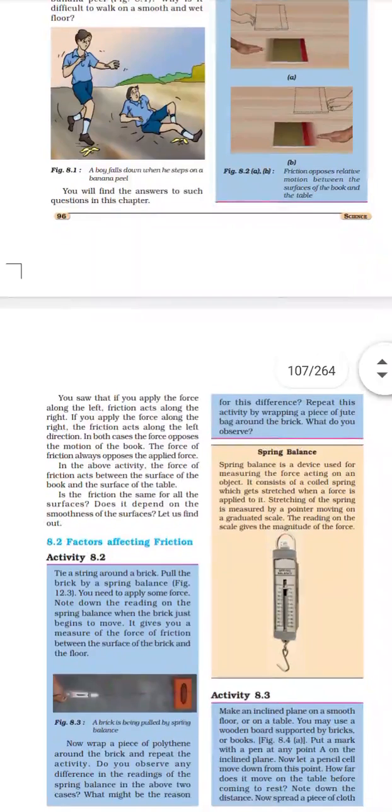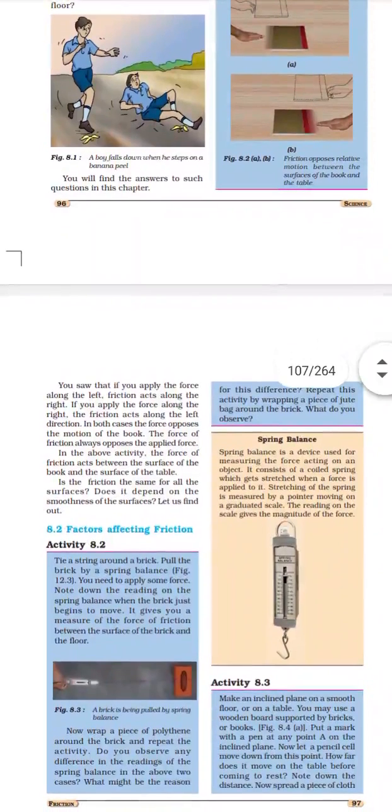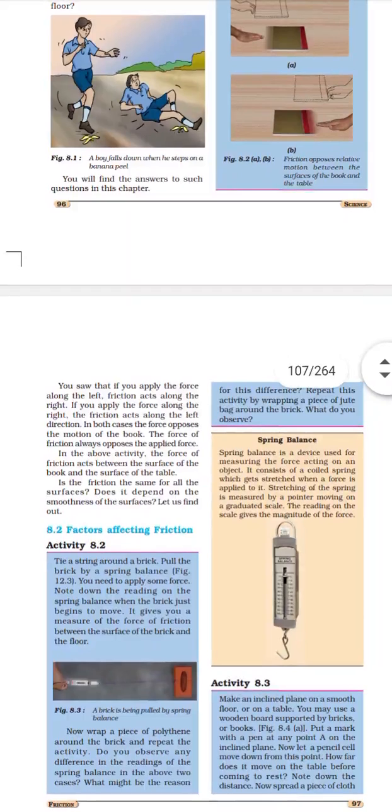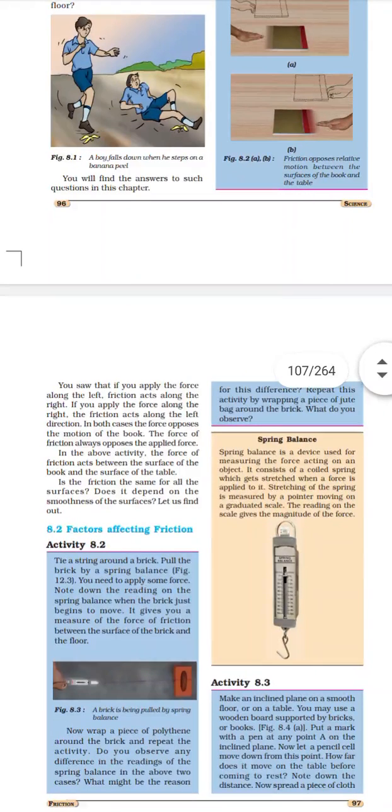Next, types of friction. Static friction is between two objects which are at rest. Sliding friction is where an object is made to slide over another object. Rolling friction is where one object rolls on another.